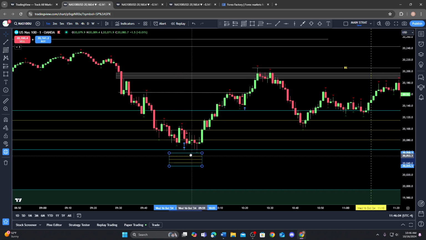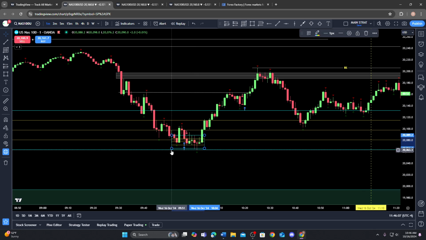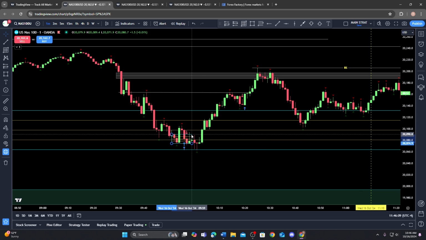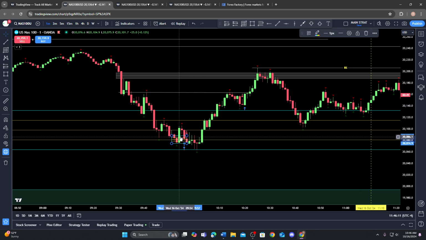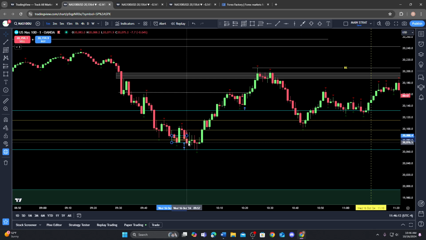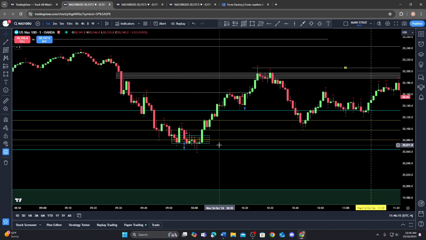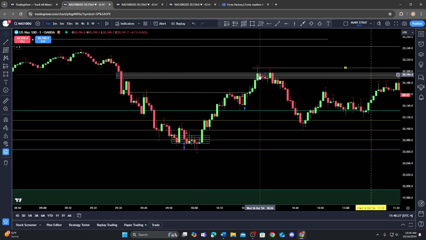Anyways, so we had an order block here that got activated as soon as this green candle moved higher, and as you can see, the bodies never closed below it, but I had my stop loss so tight right there that it stopped me out. Now I would have been, right?